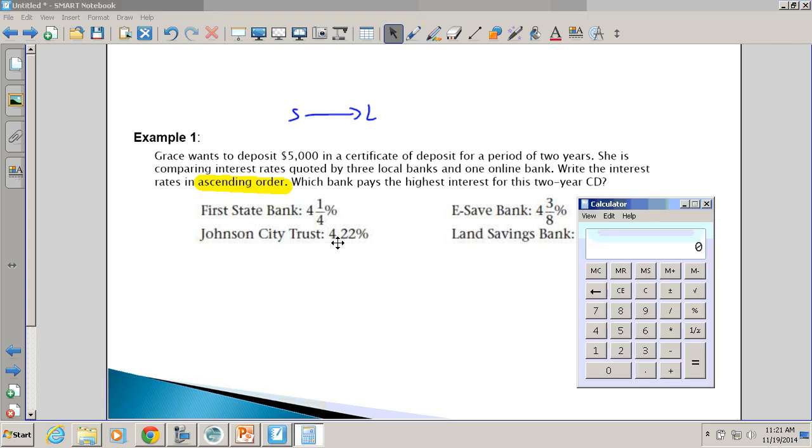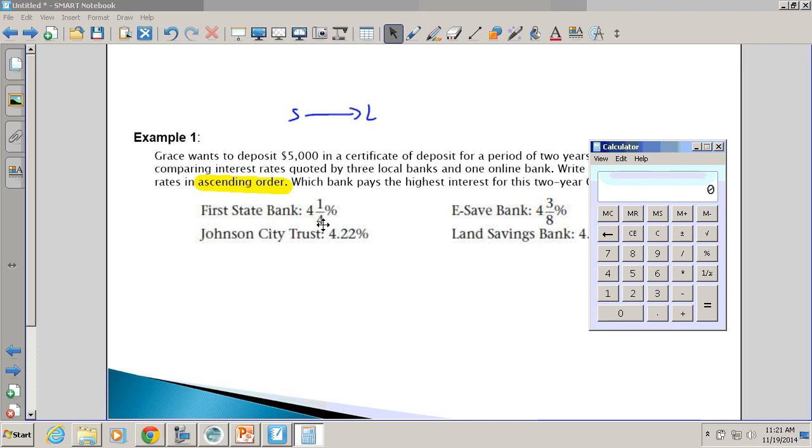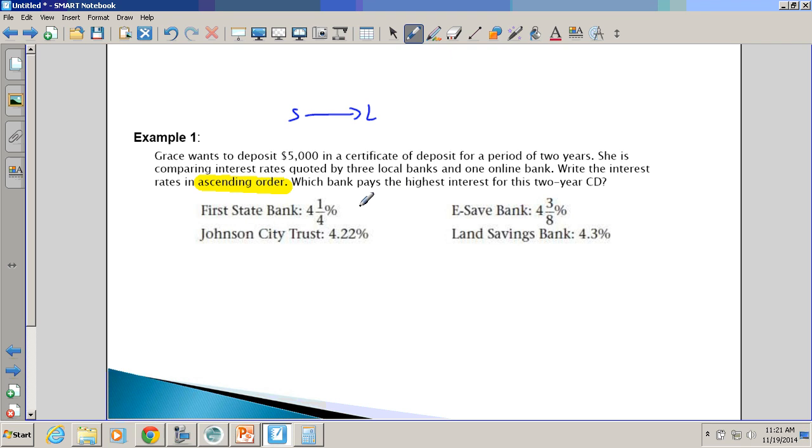So start with 4.25%. If you're really good, then you know quarters, 0.25. So I'll go 4.25, and I'm going to divide it by 100, and that's going to give me 0.0425.